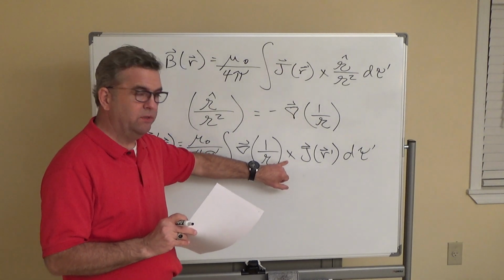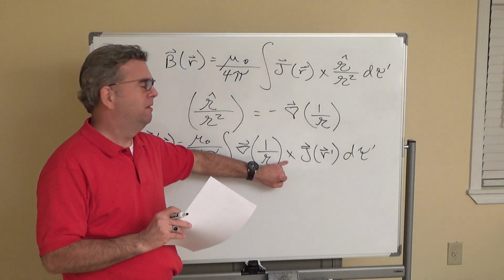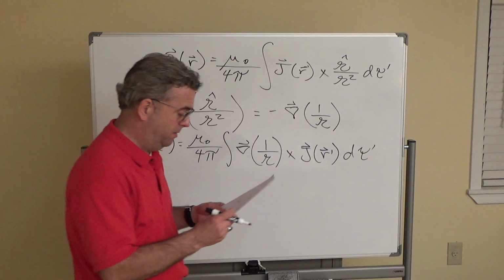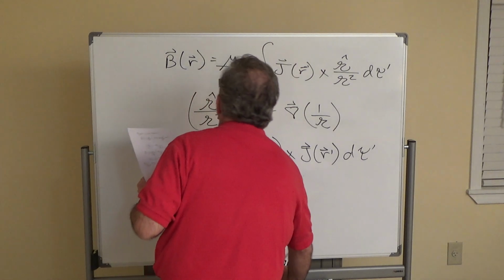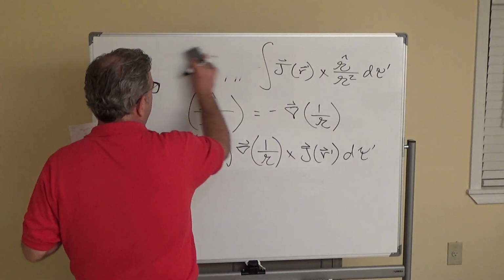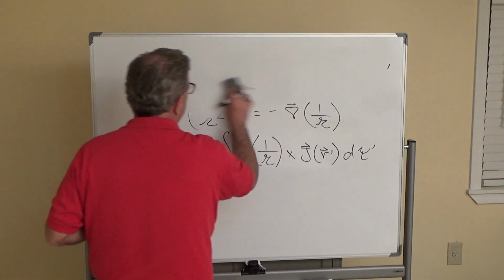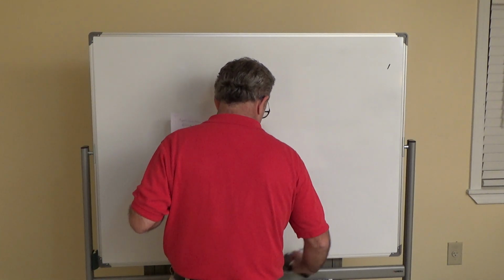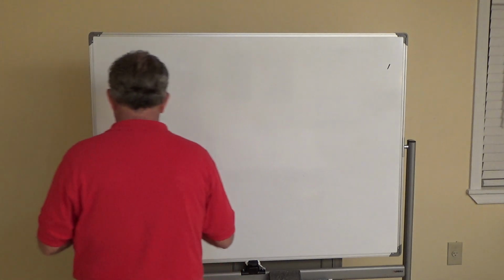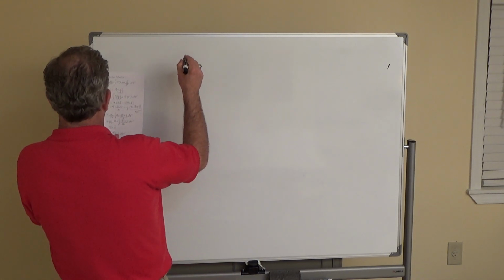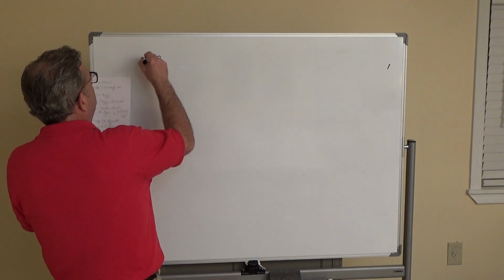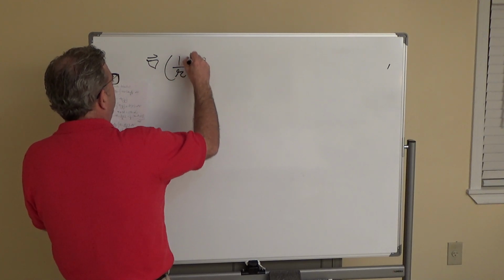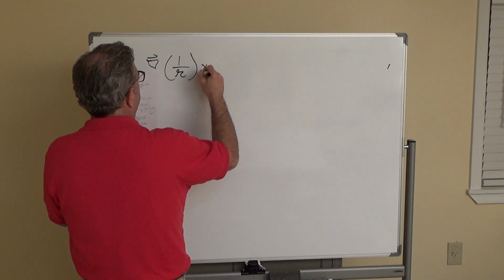They're crossed, and we have an identity for that. So I'm going to replace this integrand with a different integrand based on that identity. And the identity is this: the gradient of 1 over script r cross J.